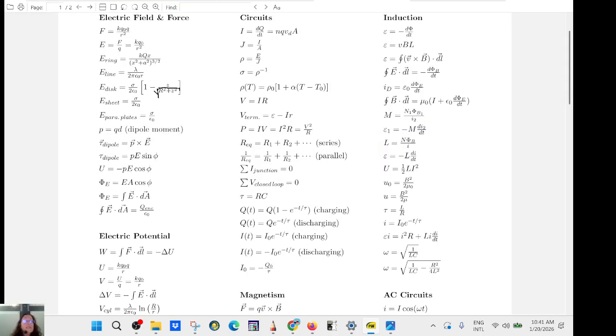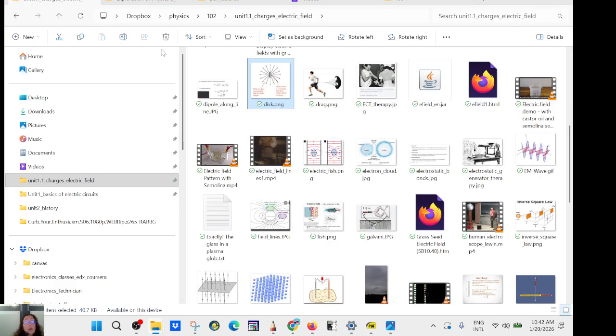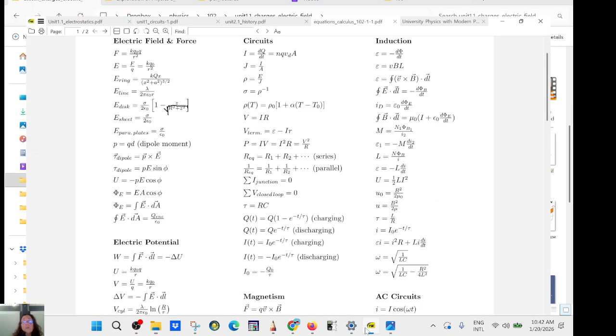Here, I fixed it, okay, because there was a mistake. It's going to give you the equation for the electric field along the z-axis at a distance z. And you see you have sigma, which is the charge density. So you already have the equation here, it's given. Now, I will just show you how to do the calculus, but I'm not going to do it.